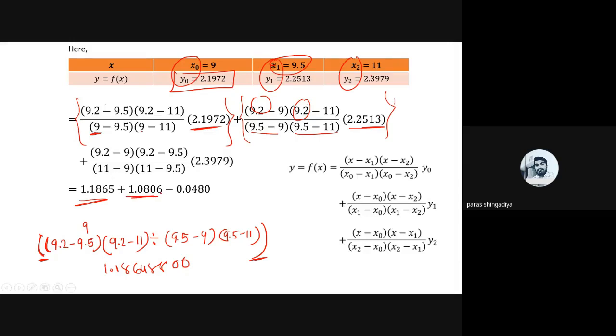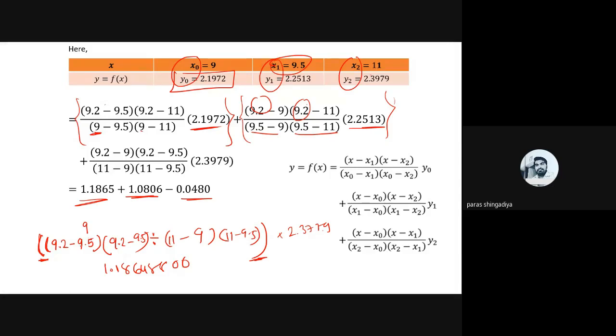Okay, and then the third one, just replace 9.2 minus 9. Okay, here 9 will come, that is 9.2 minus, in place of 11, that is 9.5. Okay, divide as it is here, and here the whole thing will change, because we just replace x by x0, x1, x2 and x3. So here it will be 11 minus 9 and 11 minus 9.5. Okay, press enter. Find the answer of this division part of 4 brackets, multiply 2.3979. Clear? You can also write the multiplication 2.3979, and then check the answer, you will get a negative answer.